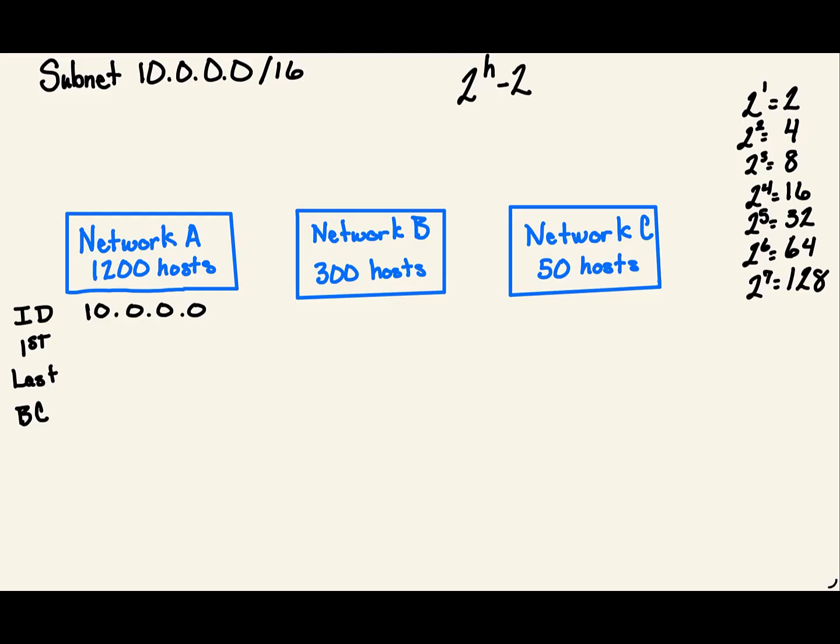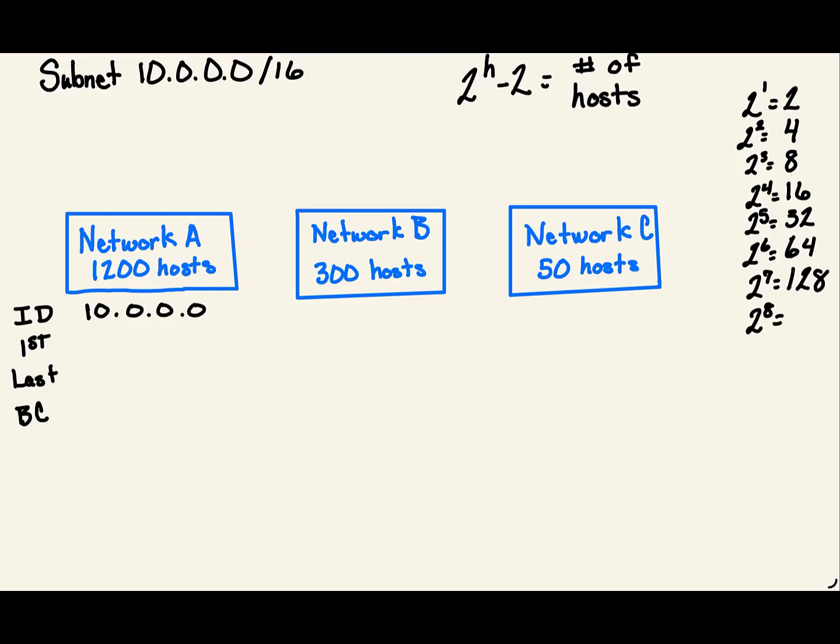For that, we just use our 2 to the power of h formula. Now, if you will notice, my 2 to the power of table over here only goes up to 128 from working in the fourth octet. Well, that's all we needed. That's no problem.